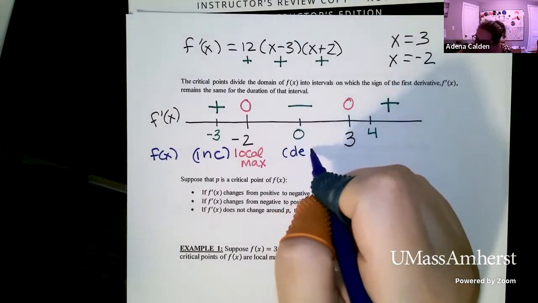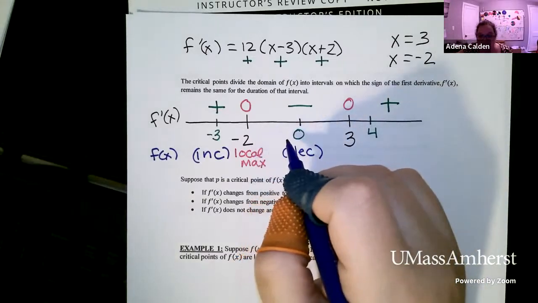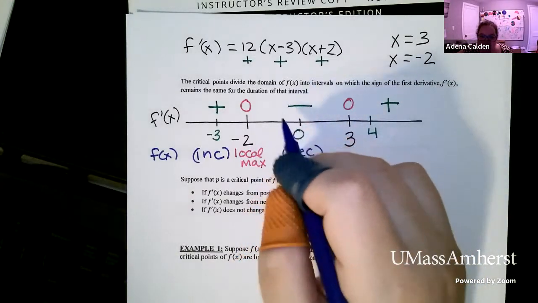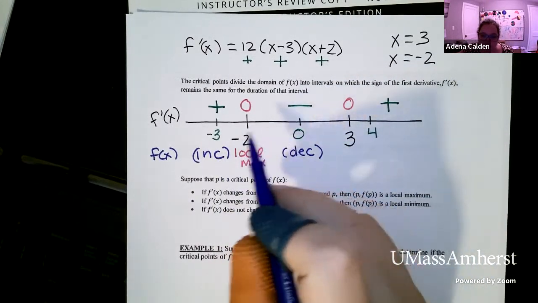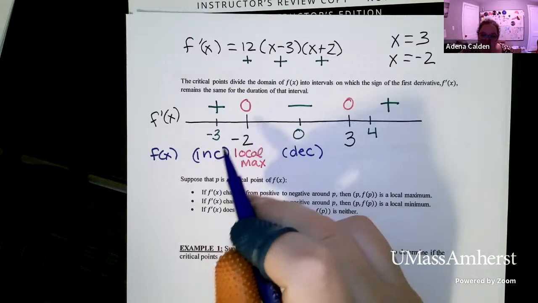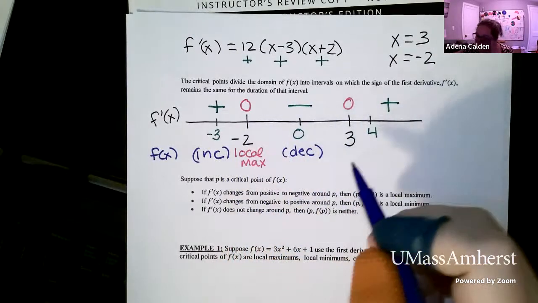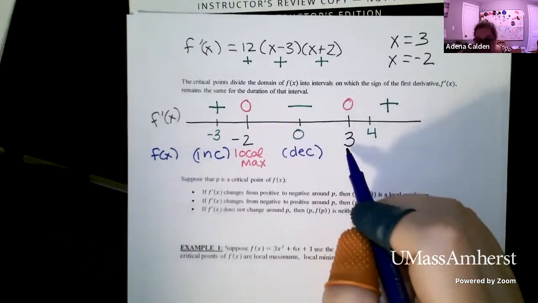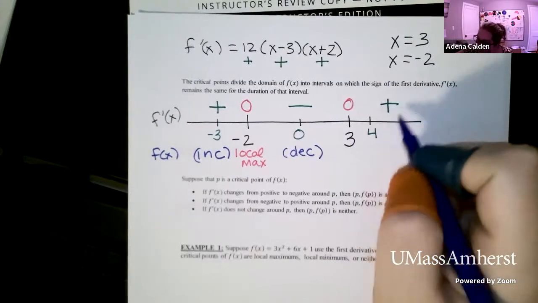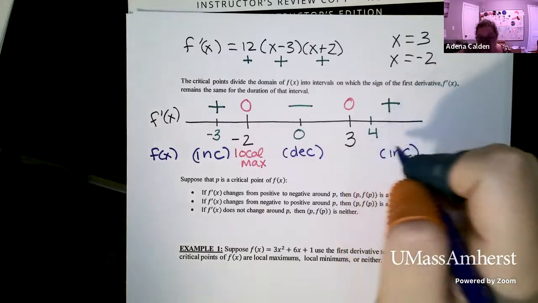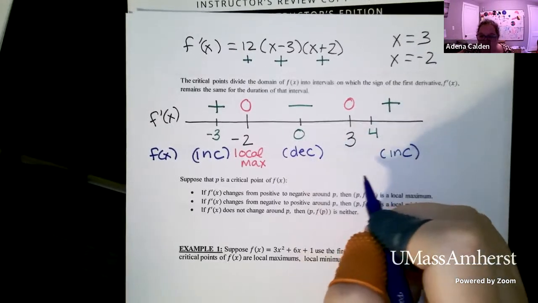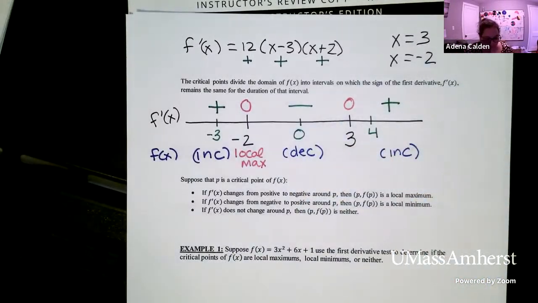We are going to be decreasing to the right of -2 because the derivative is negative. So if we go from increasing to decreasing, that creates the local max. Similarly, we were decreasing to the left of 3, and now we're going to be increasing to the right of 3. So if we go from decreasing to increasing, this creates a local minimum.